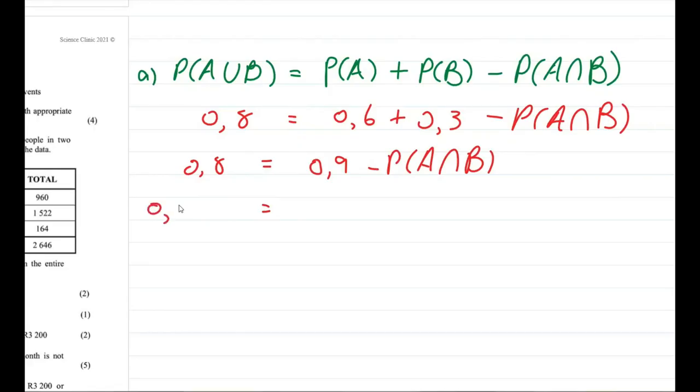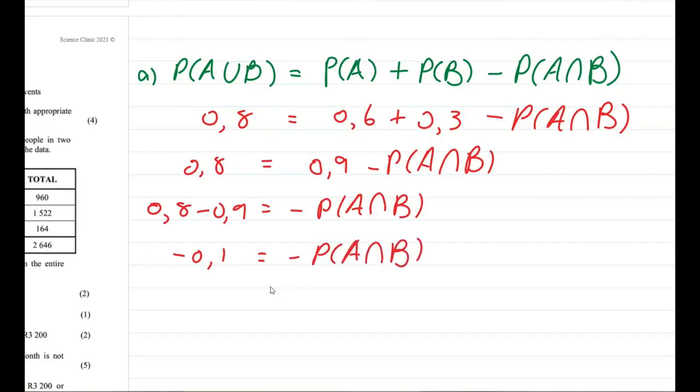So this is going to be 0.8 minus 0.9, which gives us negative 0.1. So I used negative x to solve, and then I'll divide that by negative 1. So that gives you the probability of A and B is actually equal to 0.1.